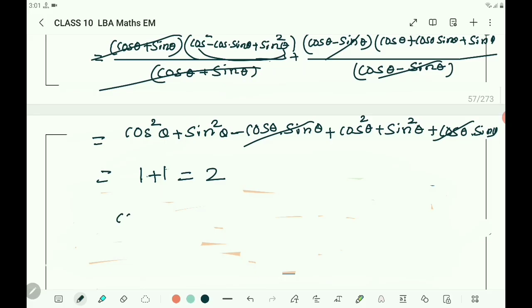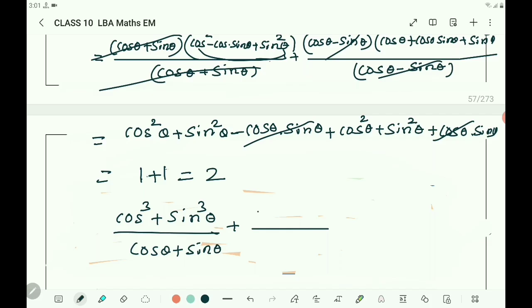So you write cos cube theta plus sin cube theta by cos theta plus sin theta plus cos cube theta minus sin cube theta by cos theta minus sin theta, which is equals to what? 2.